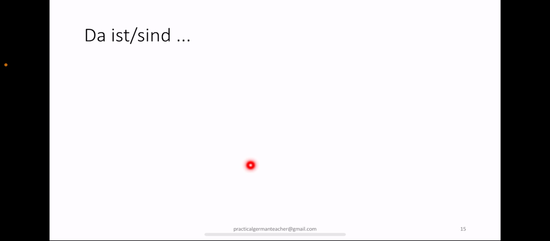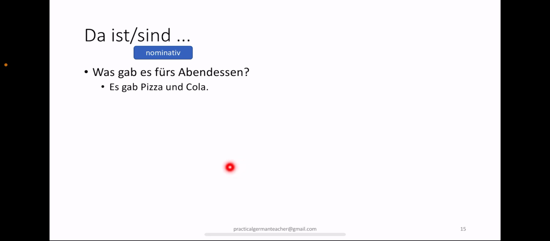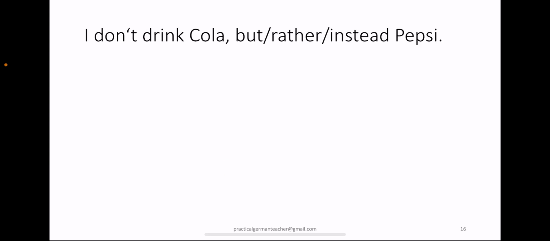There is a coffee shop. So you can say that in this way. So da ist, if the object you are talking about is singular. If it is plural, then you can say da sind, and what comes after this is usually nominative. The examples are wrong, so I'll just continue.